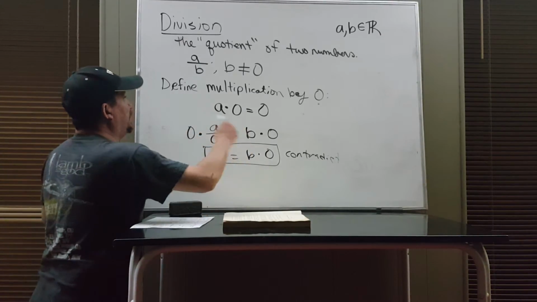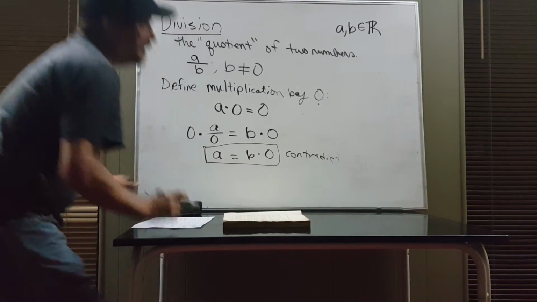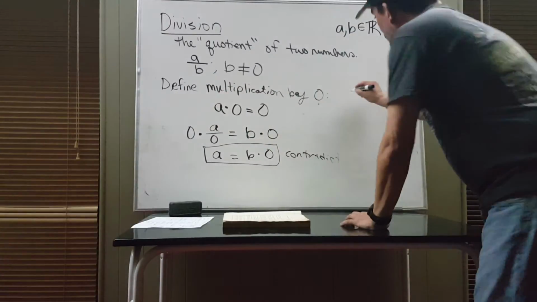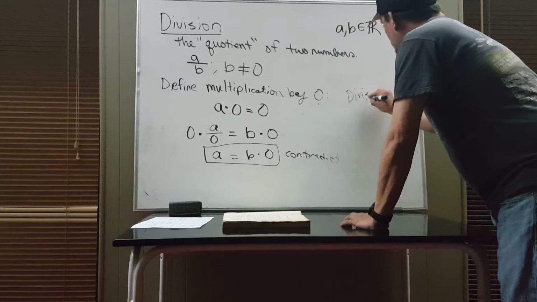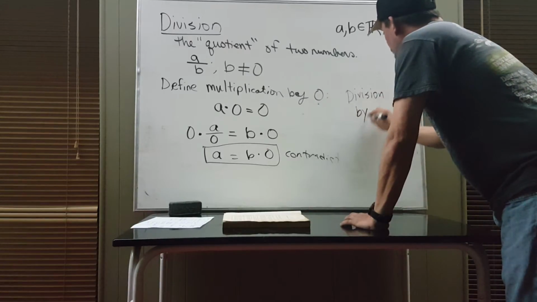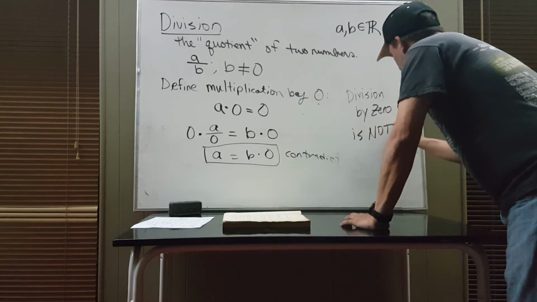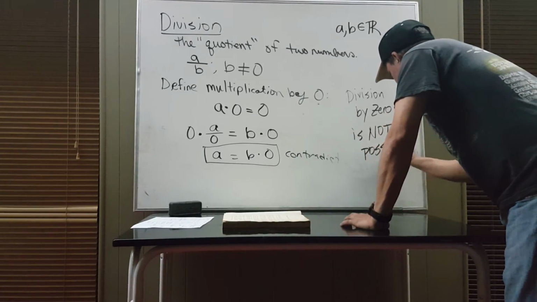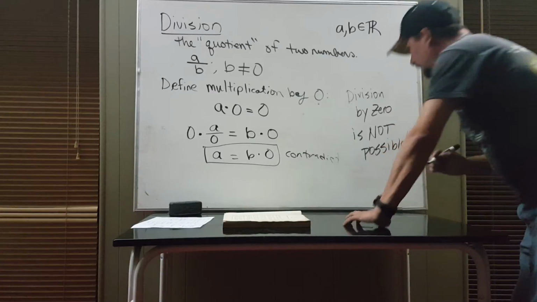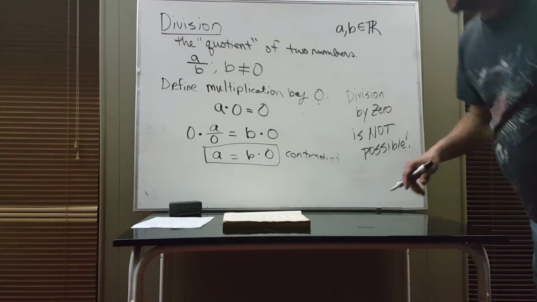So this is just not possible. This is why division by 0 is not possible. Division by 0 is not possible.